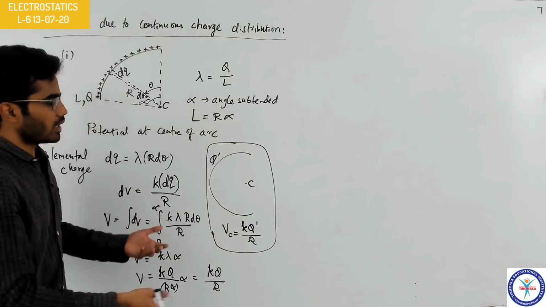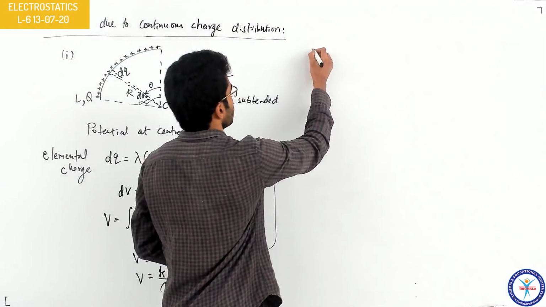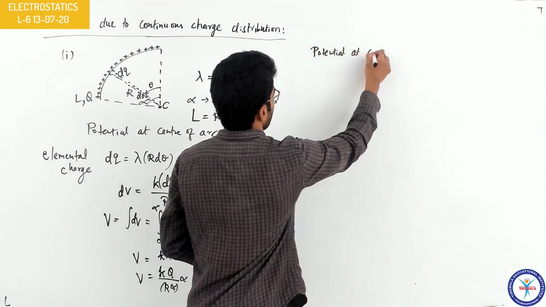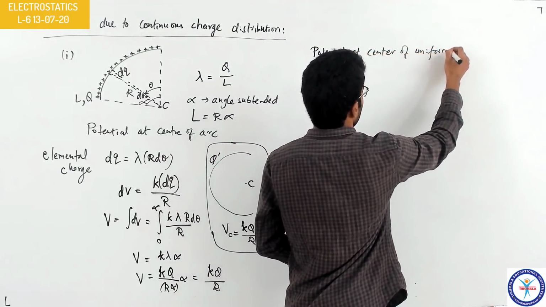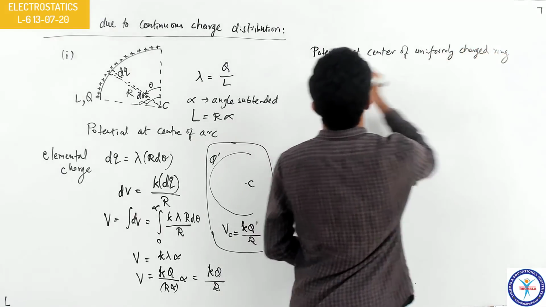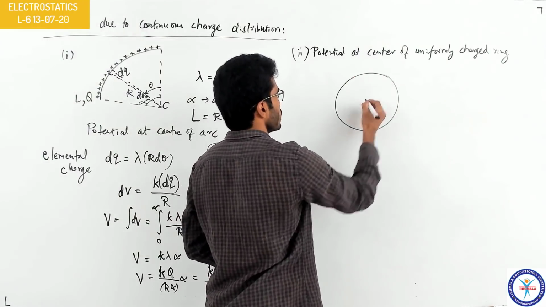Now what if the arc is complete? It will become a ring. So potential at center of uniformly charged ring. The second one. So now the ring is uniformly charged.